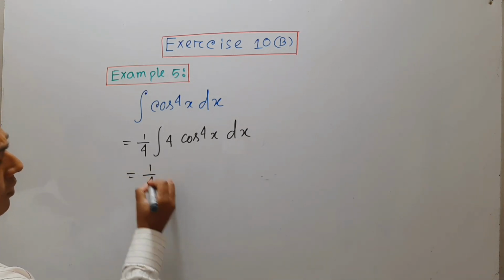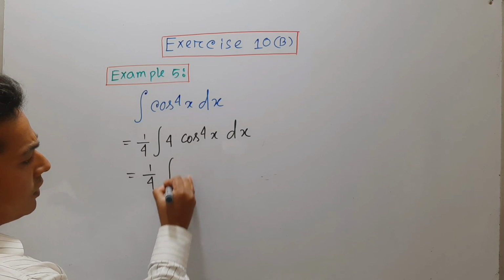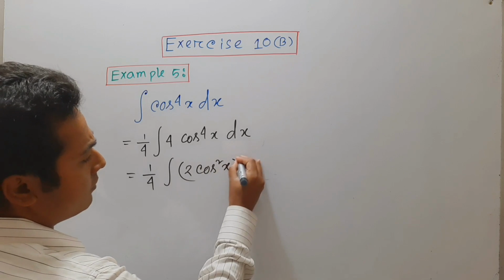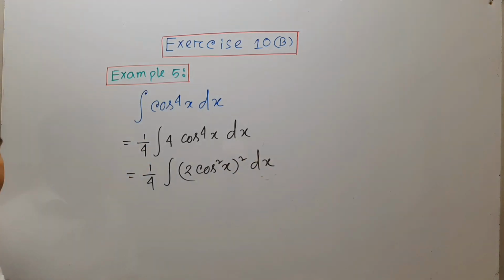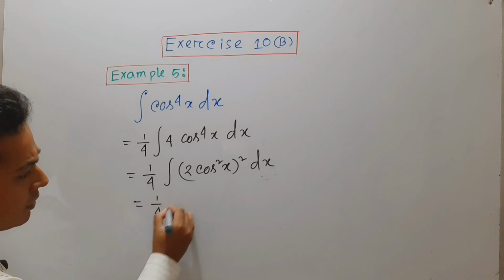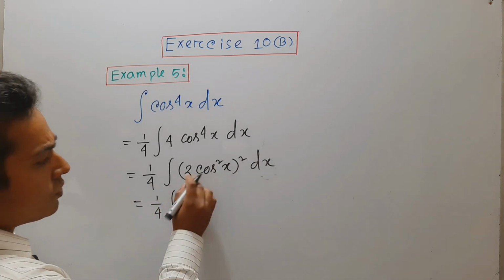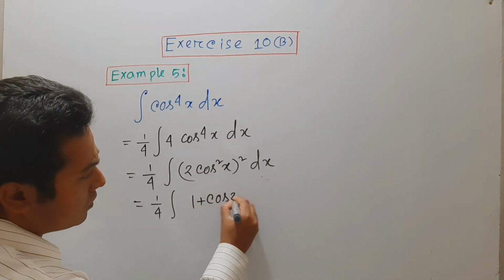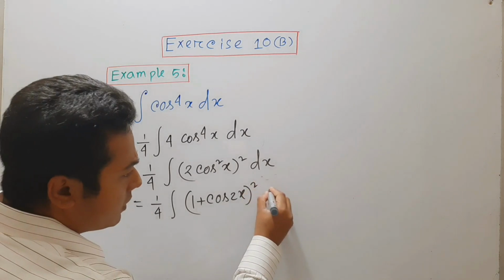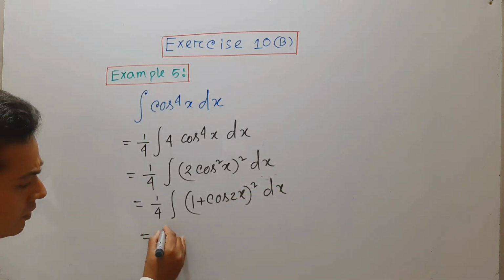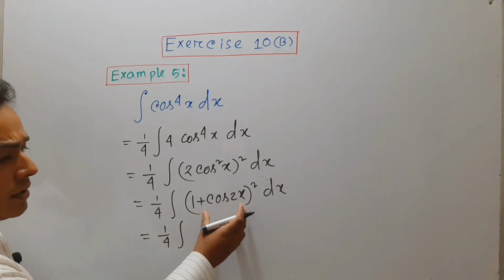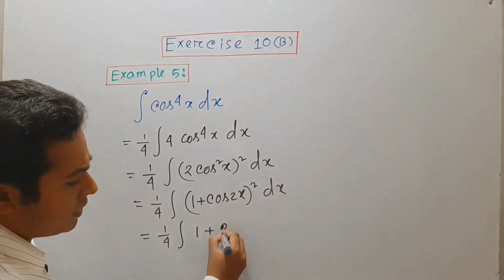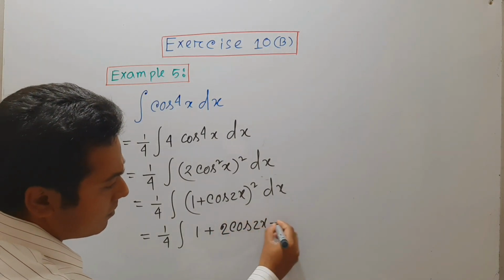So 1 by 4, we can write it as 2 cos square x whole square dx, and 1 by 4 integration of 2 cos square x, we have the trigonometric formula 1 plus cos 2x whole square dx. So according to the algebraic formula, a plus b whole square is equal to a square plus 2ab plus b square.